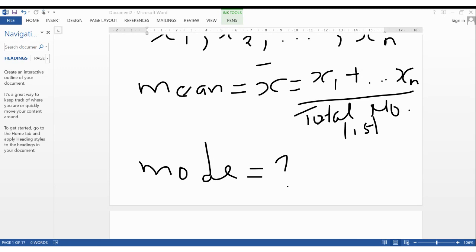A number occurring frequently in a list. Can we have a better definition than that? Use language that is so simple that everyone can understand. Most appearing number in a list.